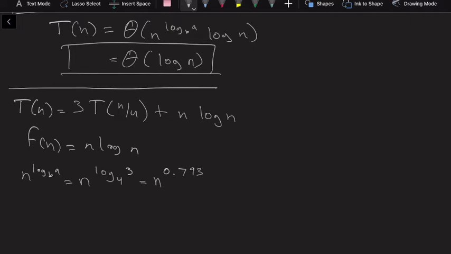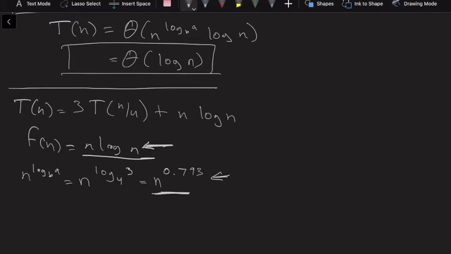And now what we say is, how does this value compare to this value? Is it upper bounded by that? Is it lower bounded by that? We see that this value is a lower bound for this value, because this n is to the power 1, and this one is a power that is less than 1.